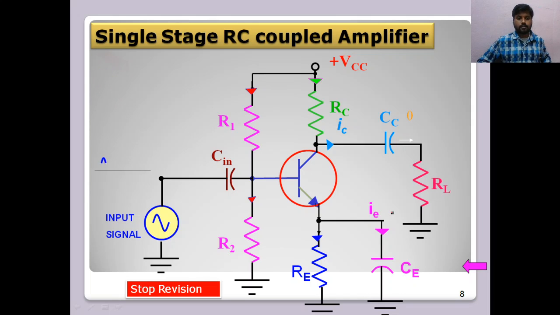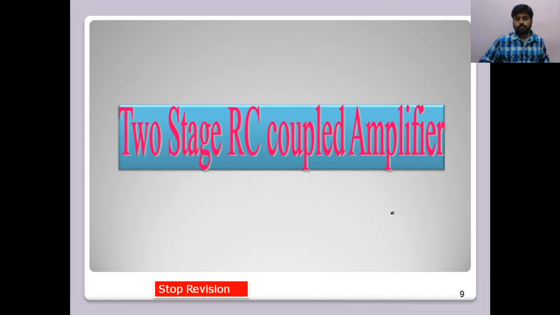If we apply a small input signal at the base of the transistor, then the output appears at RL, which is 180 degrees out of phase in an RC coupled amplifier.